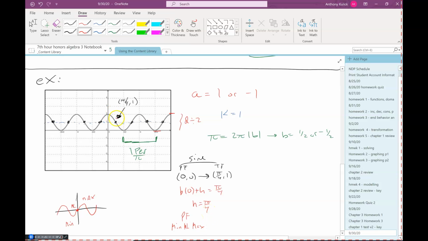In our transformed function, we go maximum, then our midline point, and then our minimum. What does that tell us about the sign of a?